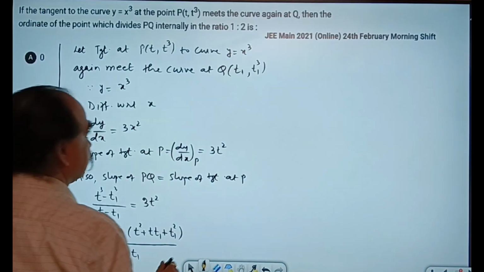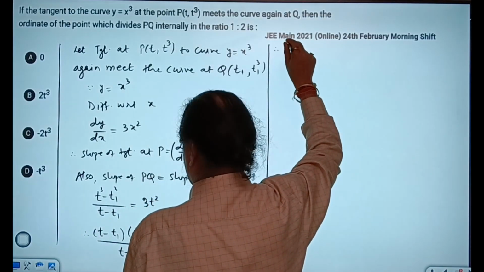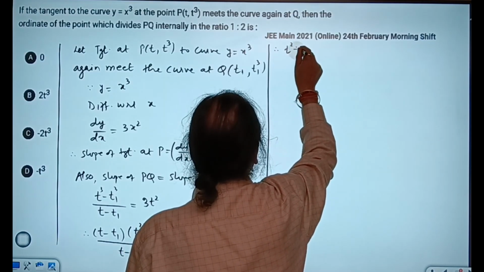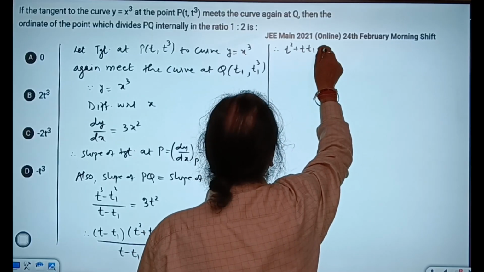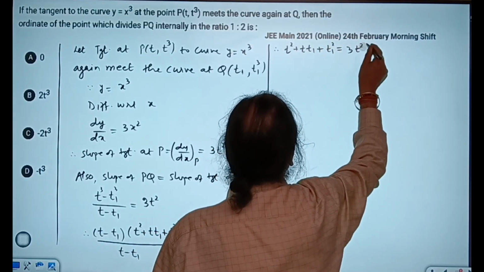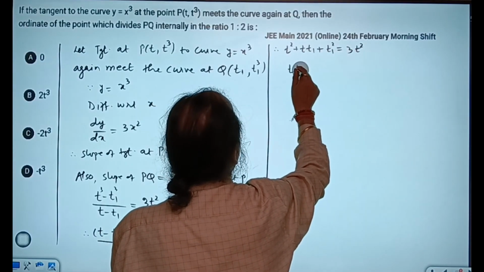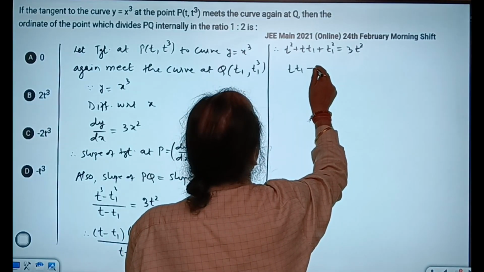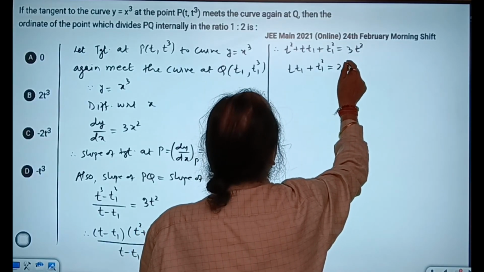T minus t1 cancels. Therefore, t square plus t t1 plus t1 square is 3t square. So t t1 plus t1 square is 2t square.